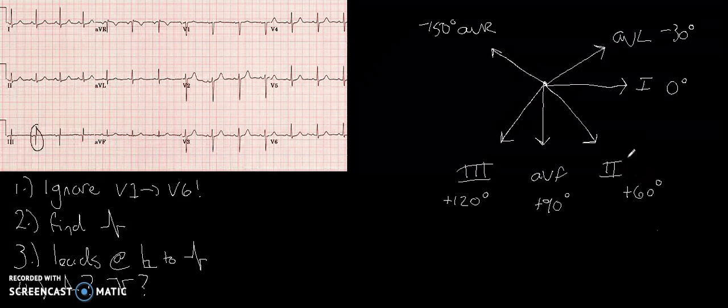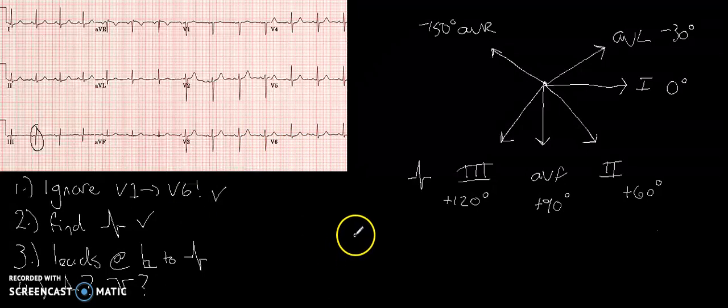So what we're going to do is write into here that this lead, lead 3, is our isoelectric QRS. So we've done rule number 1, we've ignored V1 to V6. We've done rule number 2, we've found an isoelectric QRS complex. The next thing we have to do is to find the leads on our diagram that run at 90 degrees to lead 3.